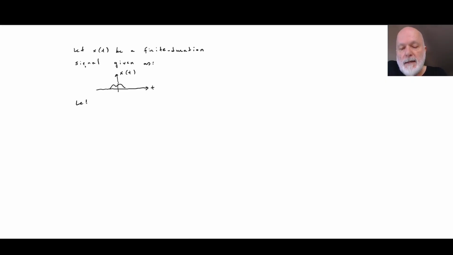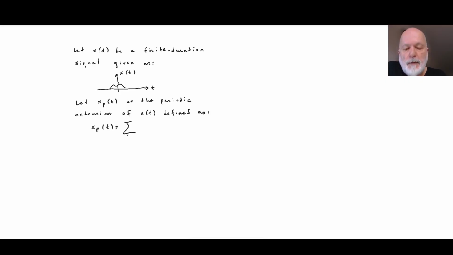So let xp of t be the periodic extension of x of t, defined as xp of t equal to the sum over m from minus infinity to plus infinity of x of t minus m T0.